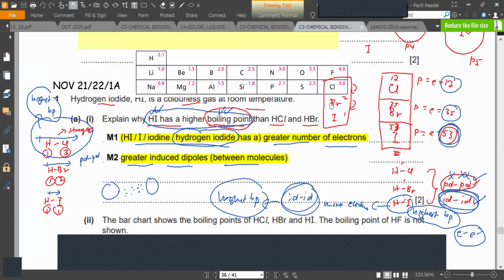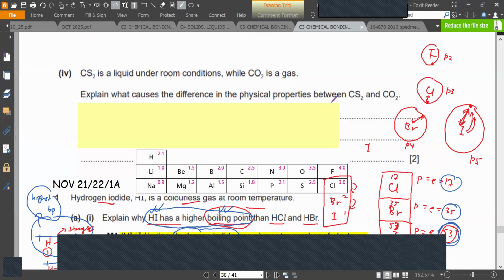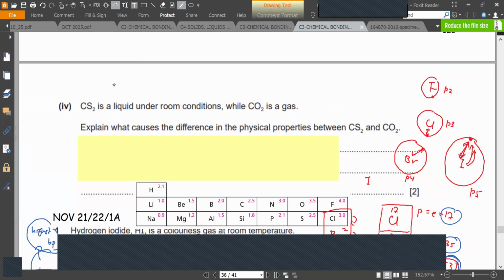Okay, carry on. CS2 is a liquid under room conditions. CO2 is a gas. Explain what causes the difference in the physical properties between CS2 and CO2. So CS2, the structure is like this. It's linear, because there are no lone pairs on the carbon.